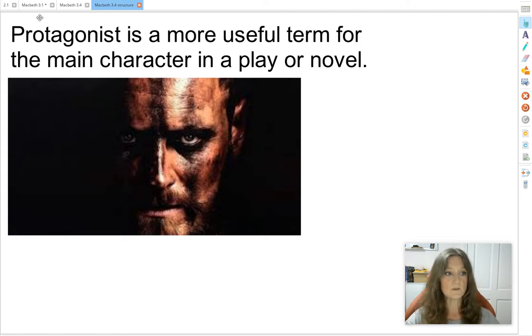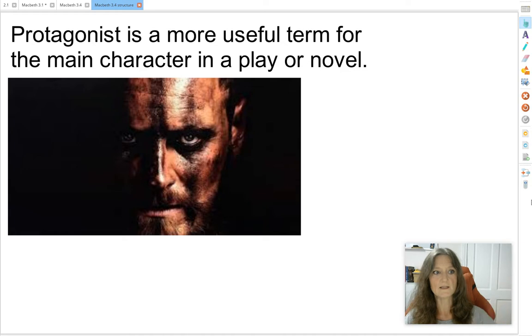You can see that the word pro means for. We often use the word pro to mean for, and it is a character that on the whole we are for. We get behind him and we're on his side. But when Macbeth's behaviour starts getting really, really bad, our loyalty goes away from him.